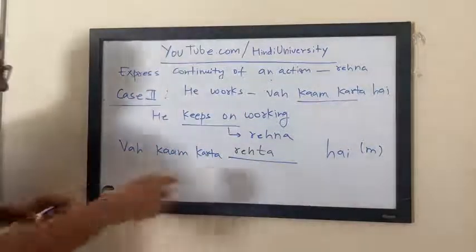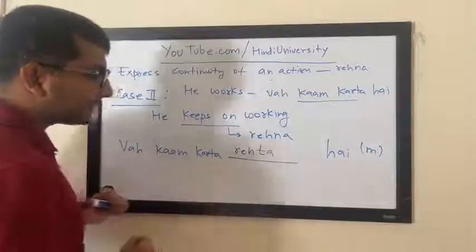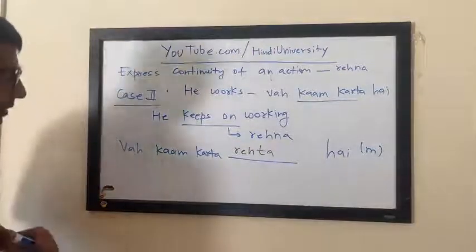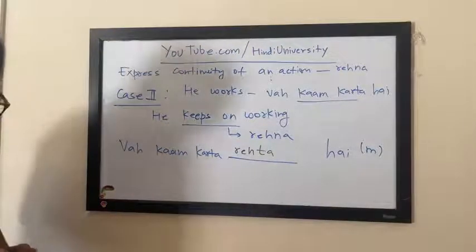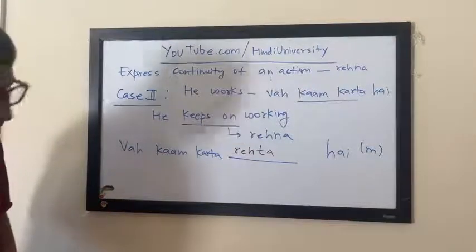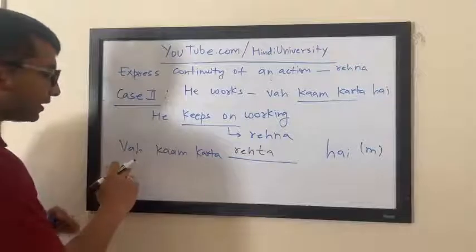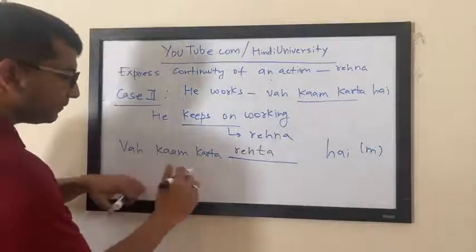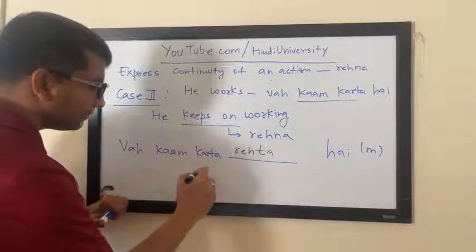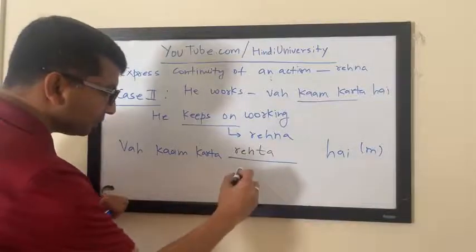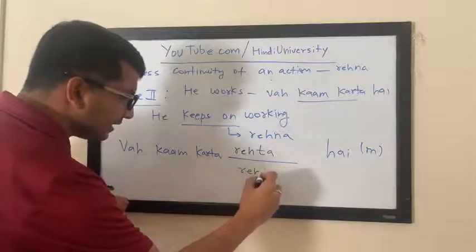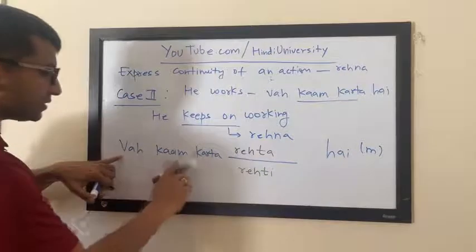So this is a male, वह काम करता रहता है. How about a female? She keeps on working. What do you think it would be if instead of he, she keeps on working? वह करता रहती है. Okay, so this is correct. रहती. What about this?